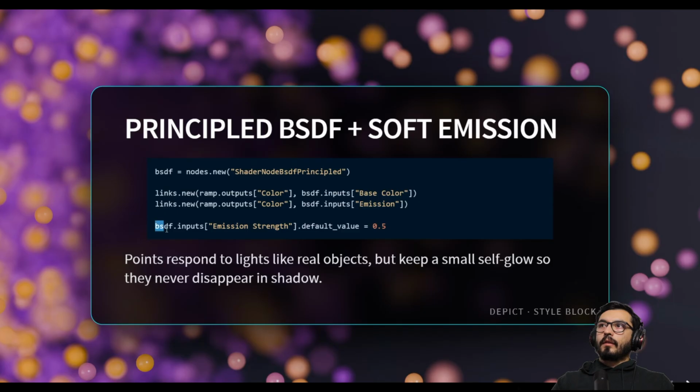And on the BSDF input also we will give some default value for the emission strength, which I set to 0.5, which is a very slight emission, but this will improve the way in which we see the points. Points respond to light like real objects, but keep a small self-glow so they never disappear in the shadow.